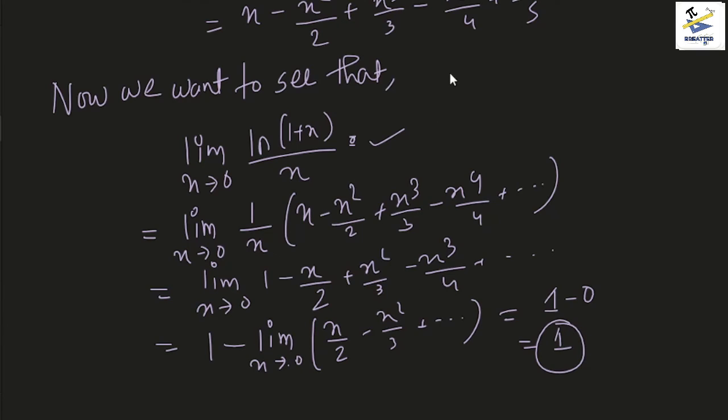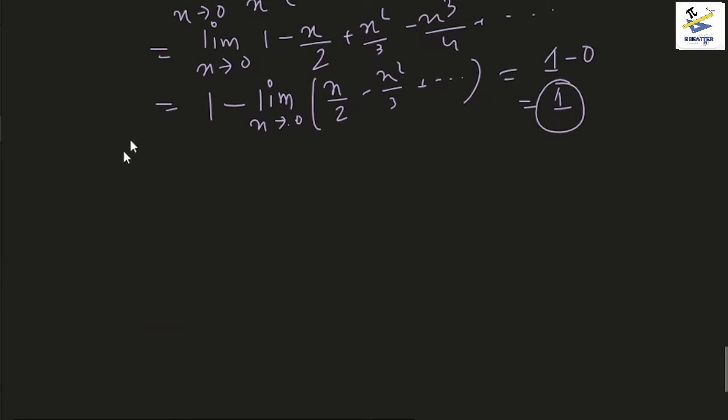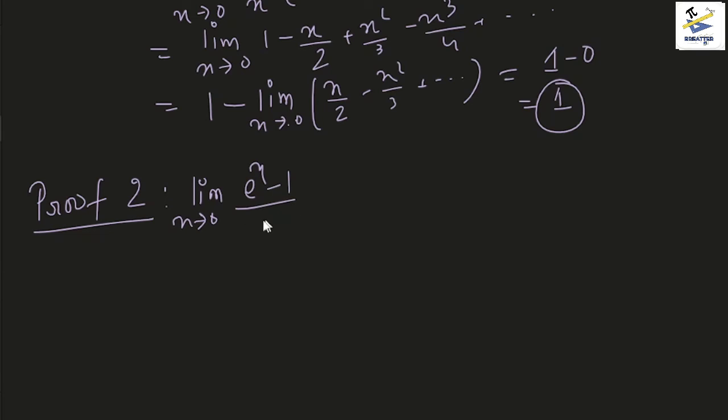A similar argument can be made for the next one, where we are trying to prove limit x tends to 0 of e to the power x minus 1 by x equals to 1.